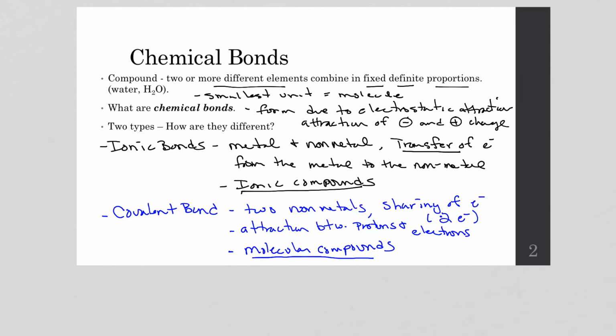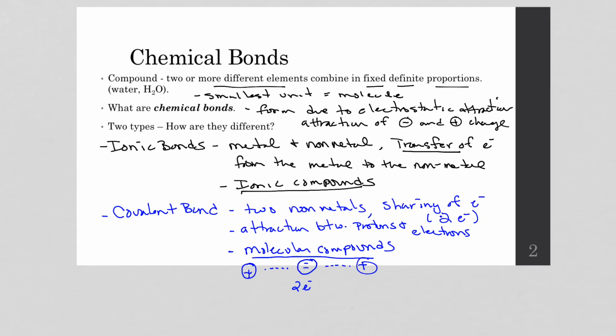So we have ionic compounds which contain ionic bonds, and molecular compounds which contain these covalent bonds. Now, we'll look a little more closely at ionic compounds in the next slide, but just to touch on molecular compounds and talk a little more about this attraction: the way we visualize a covalent bond is to take the nucleus of one atom and have our shared electrons, typically 2-electron bonds, and the nucleus or the protons of the other atom involved in our bond.